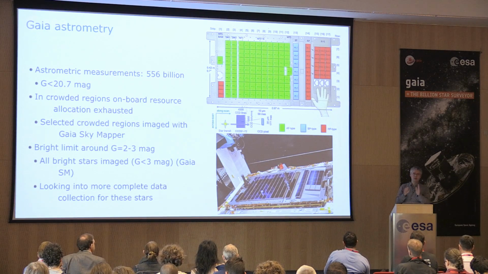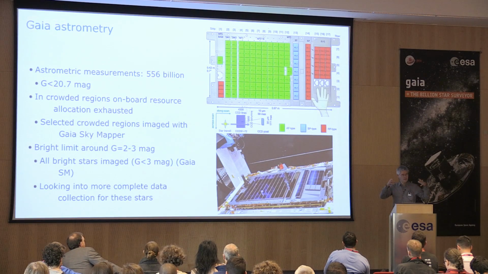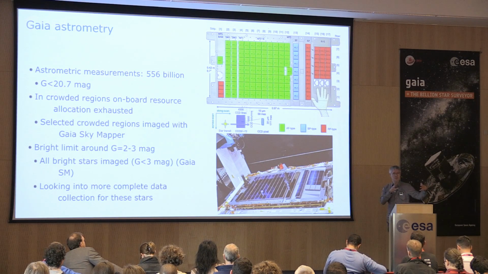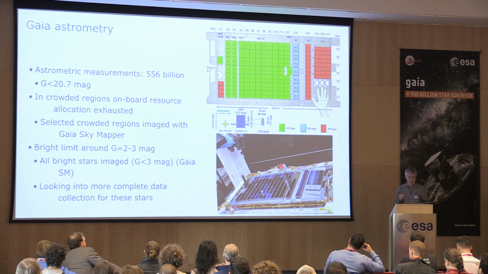Brighter than 2nd magnitude, we essentially never recover with Gaia. This is because the saturated smudge on the CCD is so big that Gaia doesn't see it as a point source, it sees it as an extended source. There is not enough memory and time to recover it. And then, of course, between 2 and 3, sometimes we get it, sometimes we don't. So it's the in-between region.